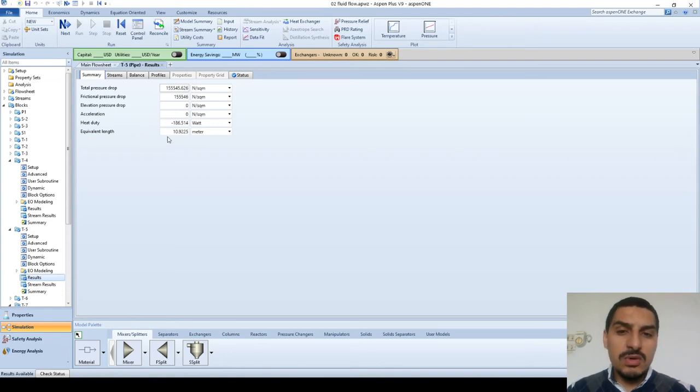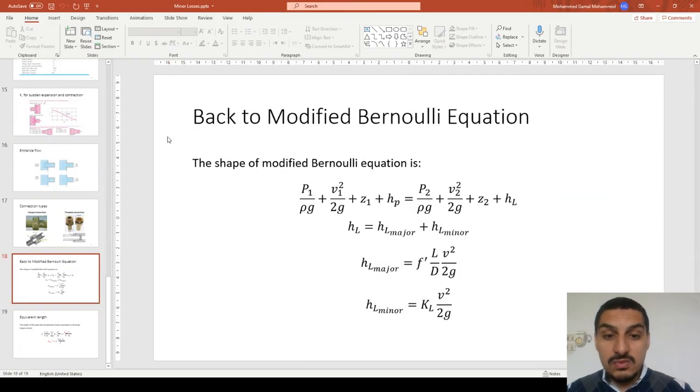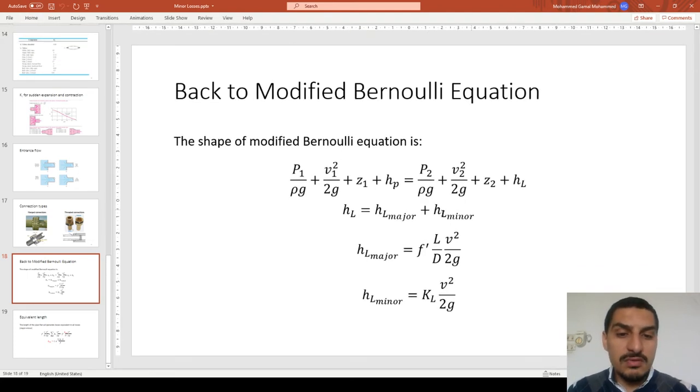To understand what we mean by the equivalent length, I need to go here to define it. We mentioned that there are two sources of losses, the major and the minor losses. The major losses can be calculated from this equation, and the minor losses can be calculated from this equation. In some cases, people would like to express the losses in terms of length.